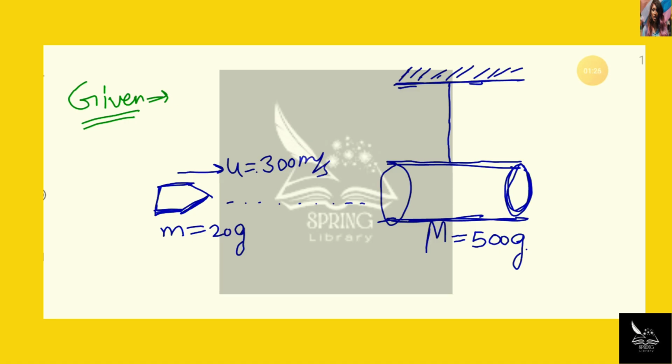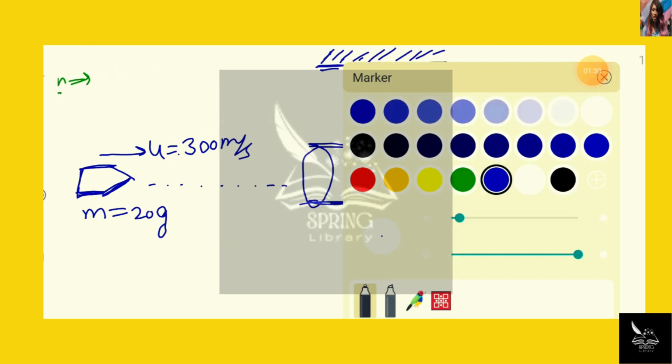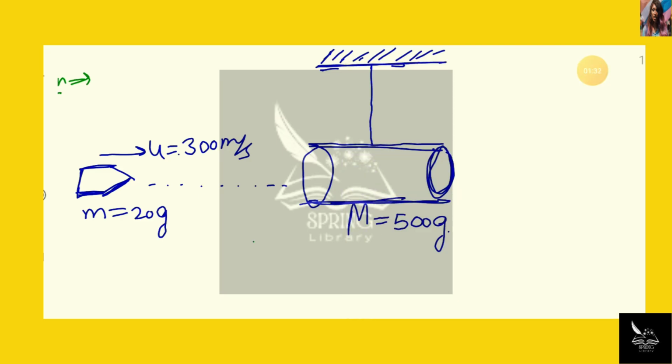After collision, the center of the wooden block is raised through a height h equal to 20 centimeter.